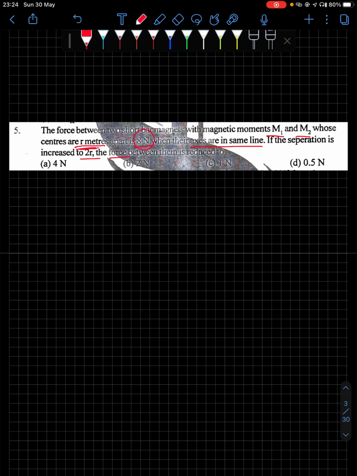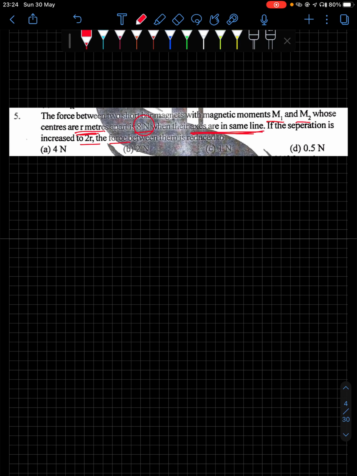They are lying in the same line, so this will be the parallel condition. The other condition for finding magnetic force was the perpendicular condition. Now if the separation is increased to 2r, what is the force between them?